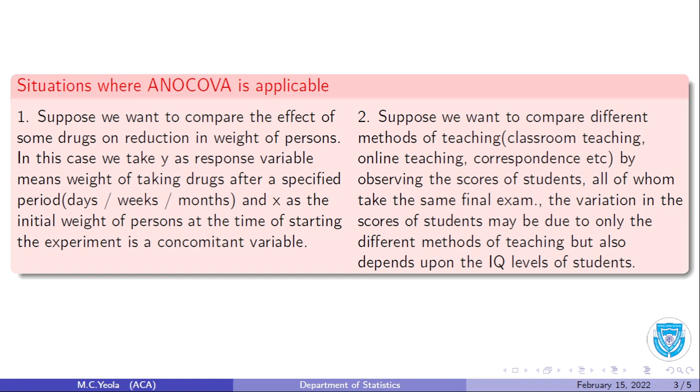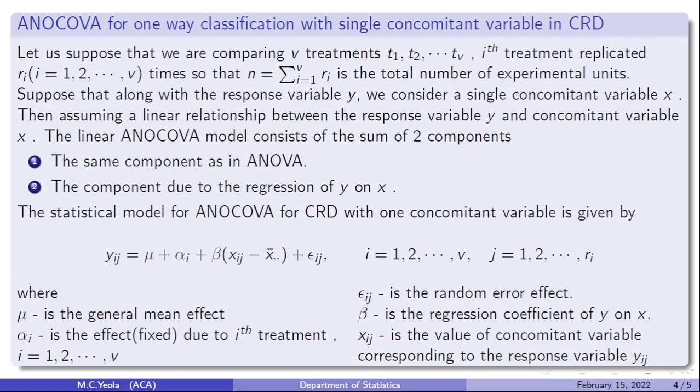So here x is the IQ level of the students, and in such a way we have the ancillary variable, or covariate, that we are studying.